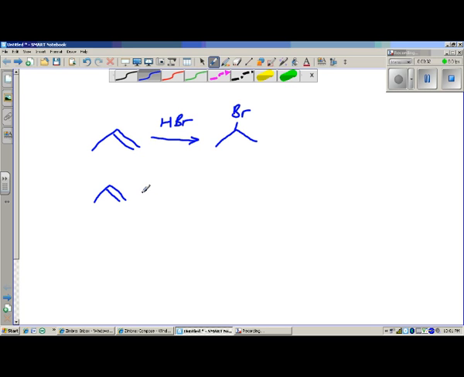And the other reaction you've seen already is the Markovnikov addition of water with an acid catalyst to give, as you've also seen before, the Markovnikov alcohol.